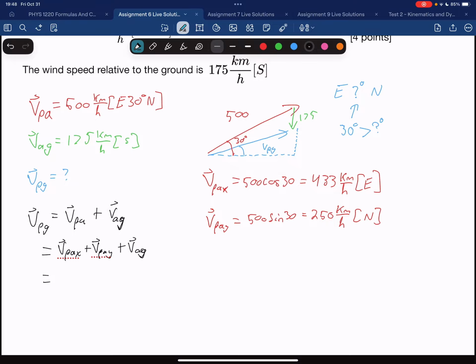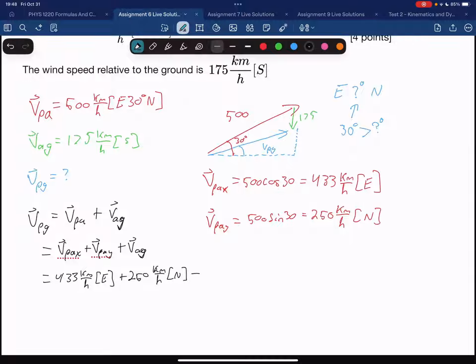And in here, we have 433 kilometers per hour east plus 250 kilometers per hour north. Now, VAG is 175 kilometers per hour south.